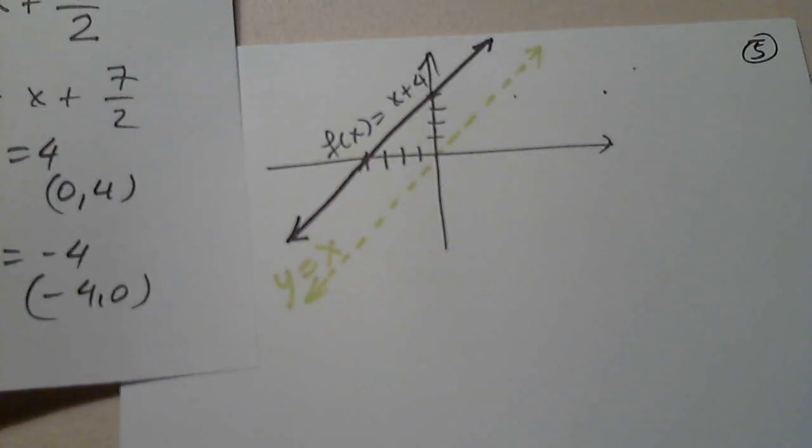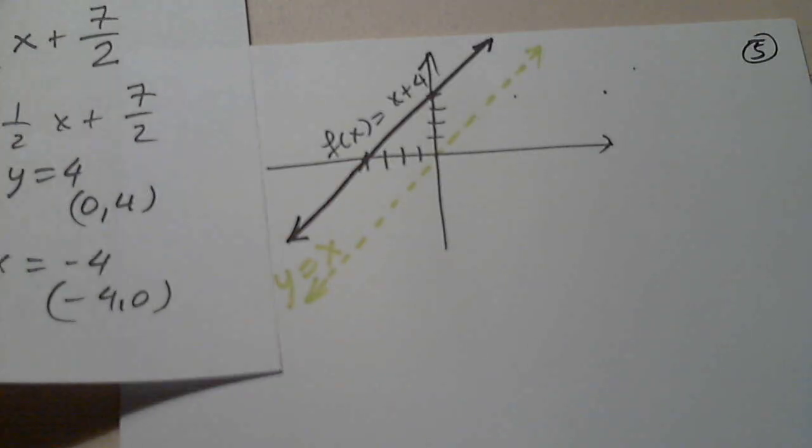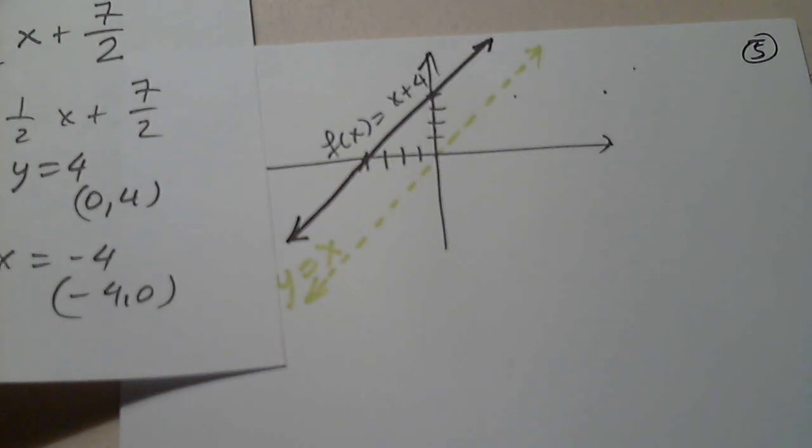We want to graph the inverse, and we need two ordered pairs. And we don't need to calculate anything. Which ordered pairs will we use to graph the inverse? Anyone remembers?